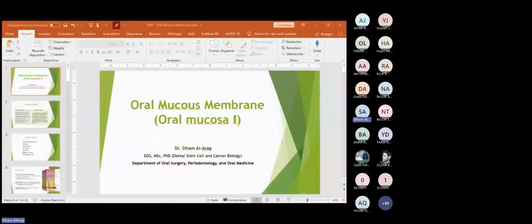Keratin is the main protein that is produced after the epithelial cells differentiate. The epithelial cells differentiate into keratinocytes, which are the cells that produce keratin.